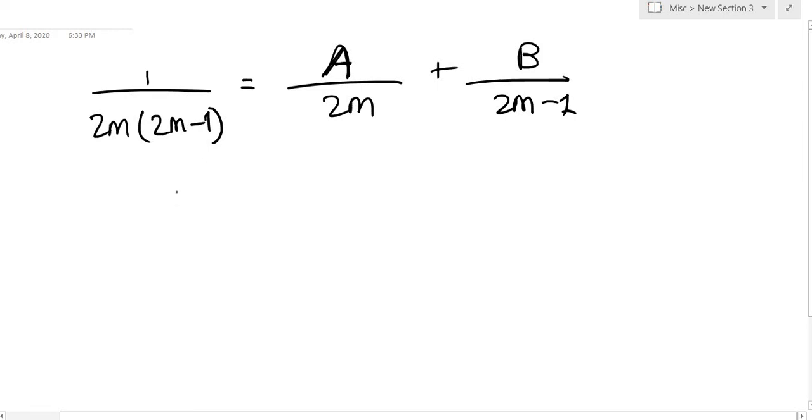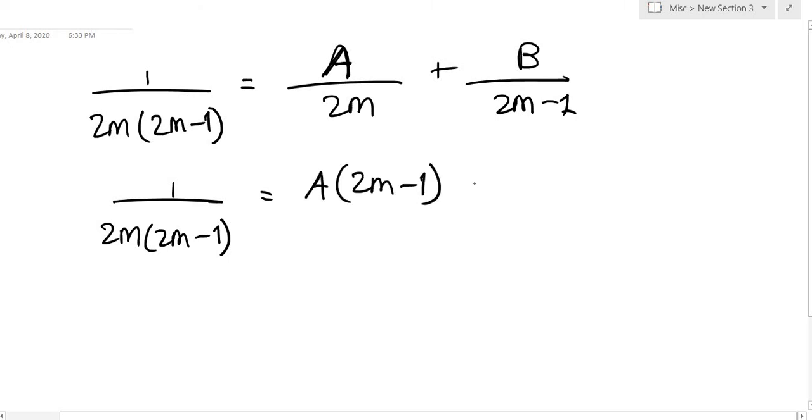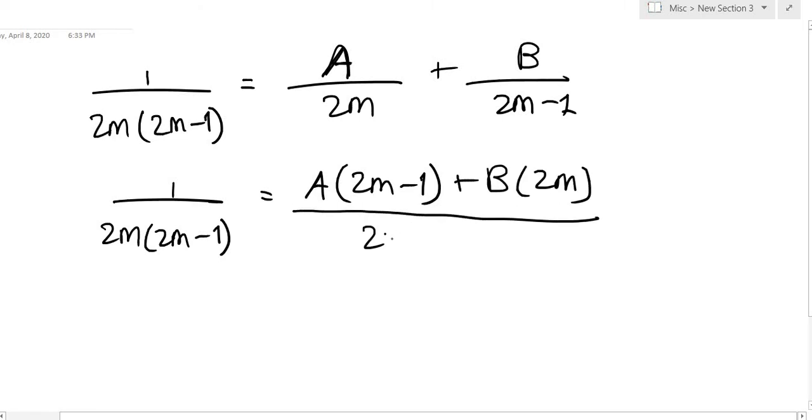Now, why don't we just cross multiply in this case? We'll have a times 2m minus 1 plus b times 2m, all divided by 2m times 2m minus 1. We can just ignore the denominator for now.